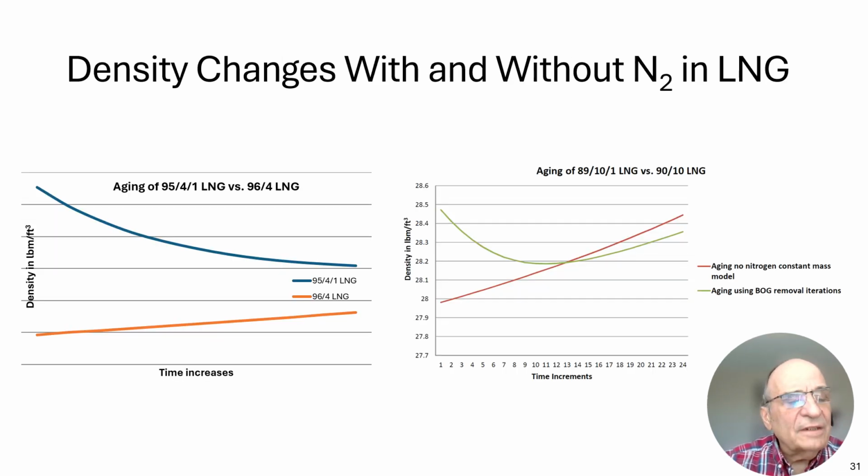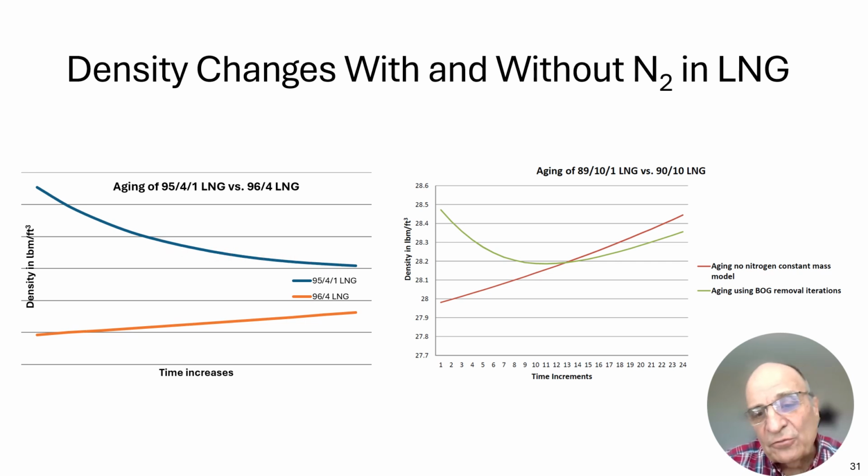Here we are graphically showing the two compositions of LNG, one that has no nitrogen in it. As you can see, the density continues with time, continues to get more and more dense. And here you see an LNG mixture that has nitrogen in it. And as you can see over time, it gets less dense, but it starts to level out.